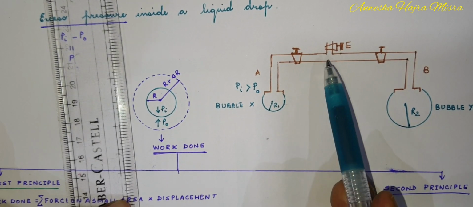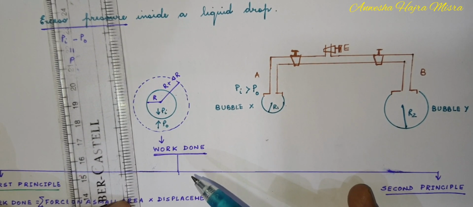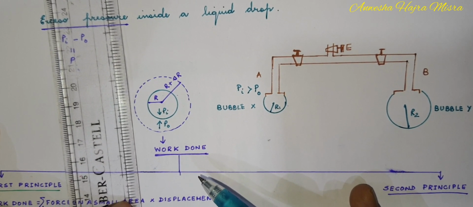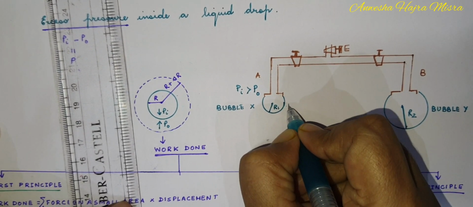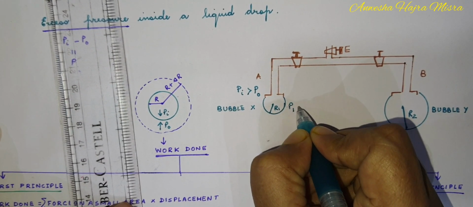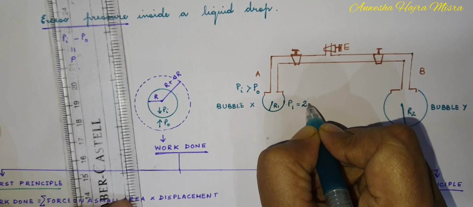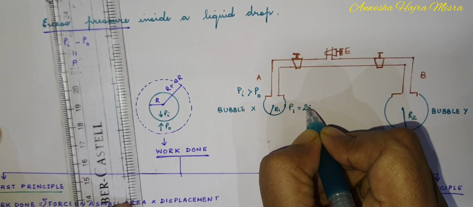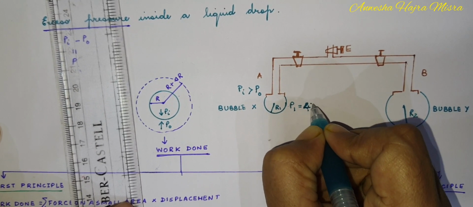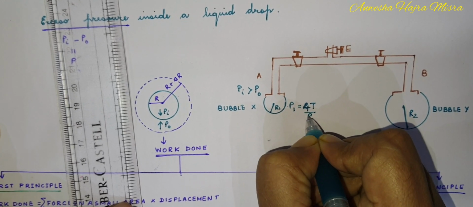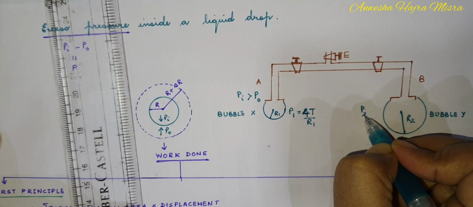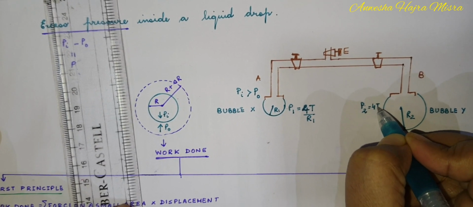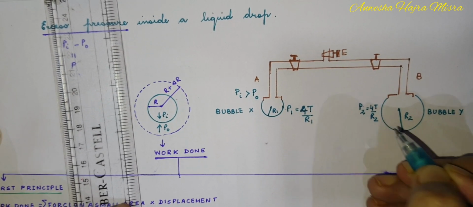Now if you open this connection, what will happen? Here the excess pressure P1, for a soap bubble, is 4T by R1, and here the excess pressure P2 is 4T by R2.